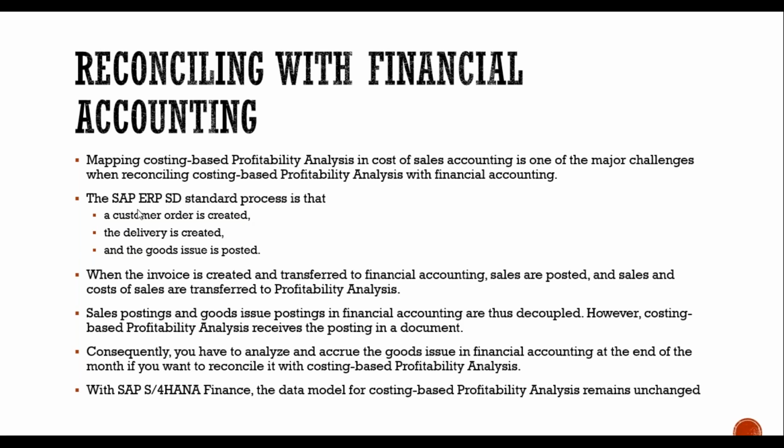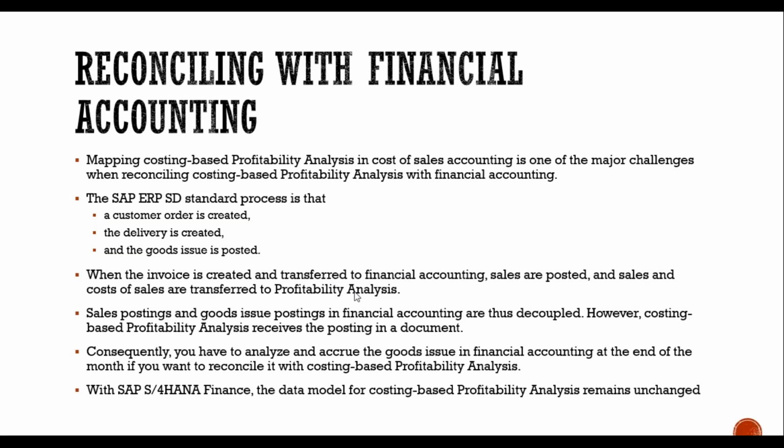In SAP SD, the standard process is the customer order is created, the delivery is created, and then the goods issue is posted. When the invoice is created and transferred to financial accounting, sales are posted. In FI, we will only get the sales posting when the invoice is posted in FI. While in case of SD, sales and cost are transferred to the profitability analysis.